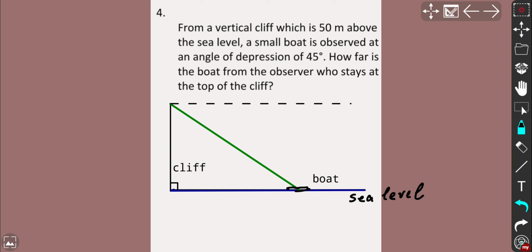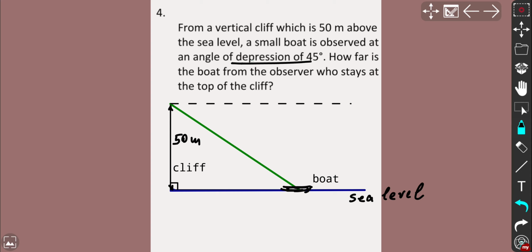You can even draw the boat here, but it's not necessarily needed. So we have a cliff 50 meters above the sea level, so we set up 50 meters here. That's the length of the cliff, and we also have an angle of depression.